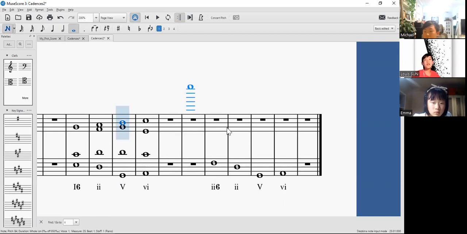I like voice exchange because even though it's a very simple thing to do, it sounds so good. And when you're doing voice exchange, you have a feeling that you actually know what you're doing, and that feeling feels nice. So voice exchange in that first inversion chord.